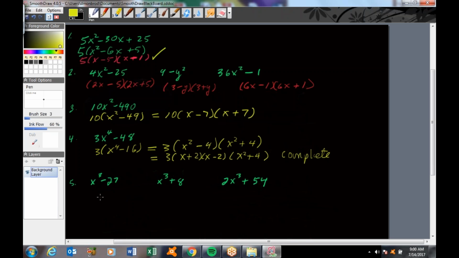Okay, now, these next three are special cases of what are called difference and sum of cubes. Notice that 27 is a perfect cube. And the first thing to do is identify the perfect cube.